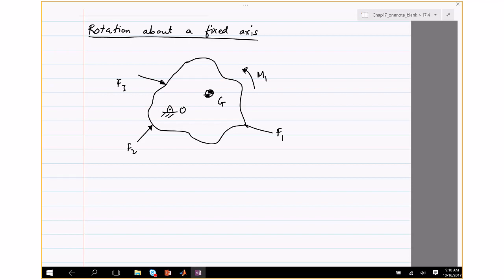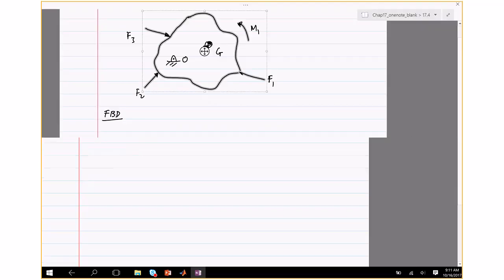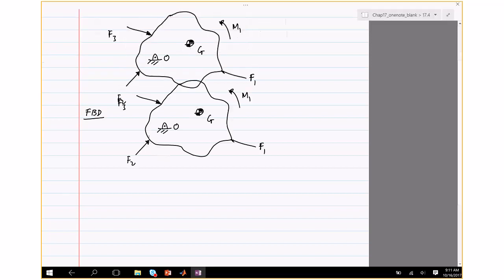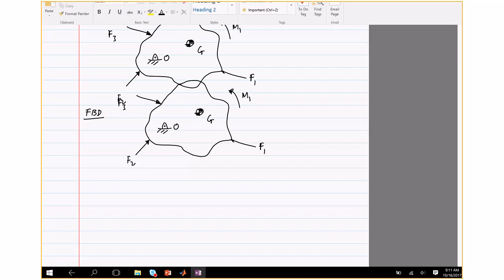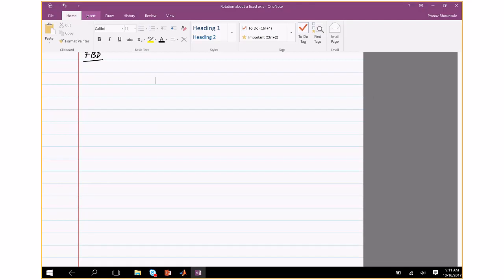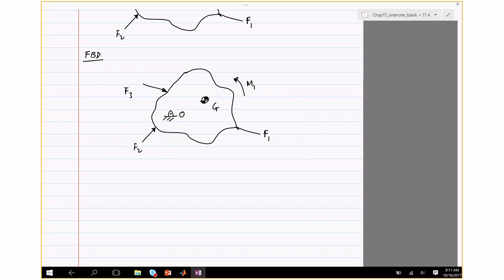So what we'll do is I'm going to draw the free body diagram. When I draw the free body diagram, I'm supposed to remove the pin joint and replace the effect of the pin joint with a force.